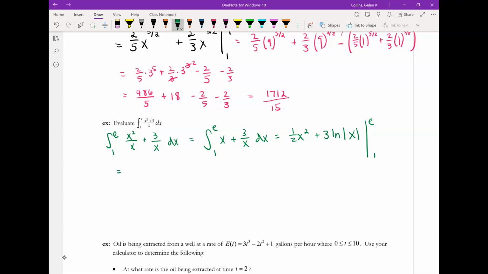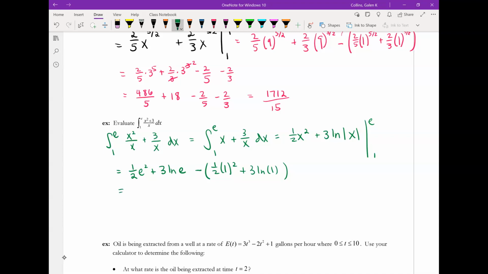All right, so when we plug in e, we have 1/2 e squared plus 3 times the natural log. You can drop the absolute value sign when we plug e in because e is already a positive number. And then we're going to subtract from that 1/2 times 1 squared plus 3 times the natural log of 1. Same thing, drop the absolute value because 1 is positive.